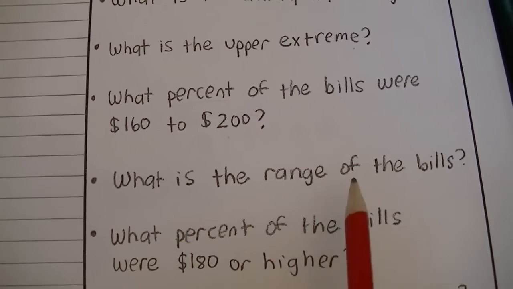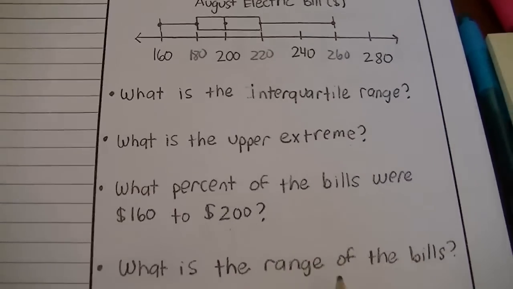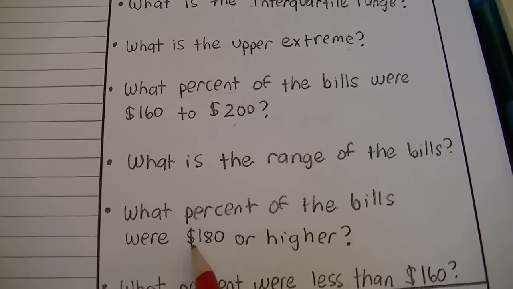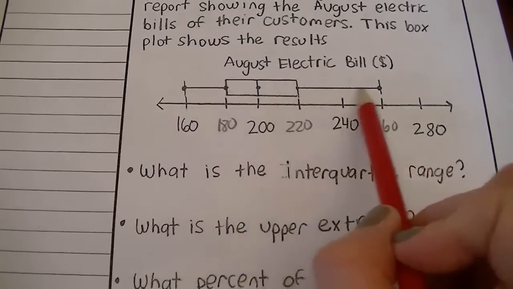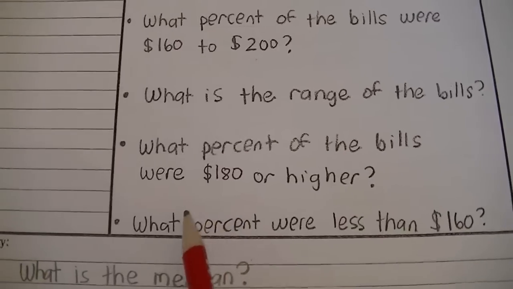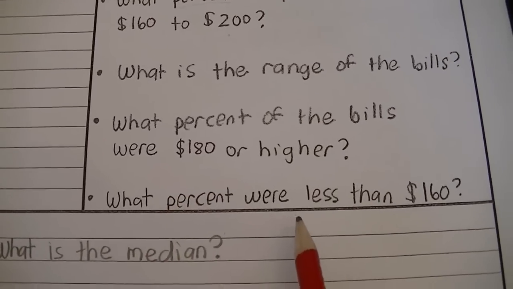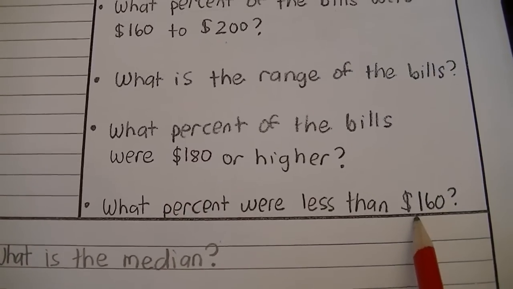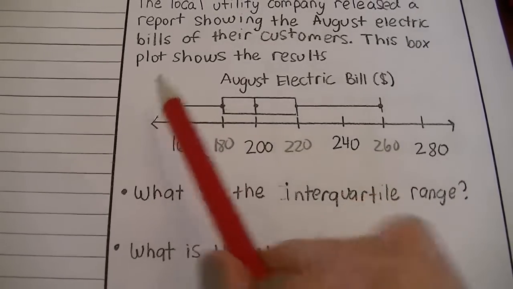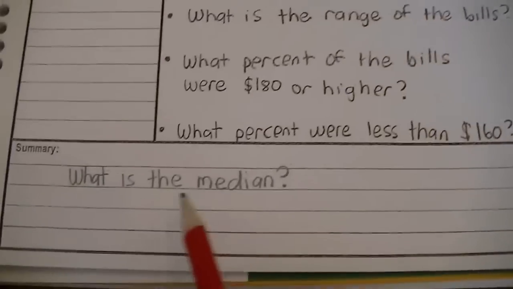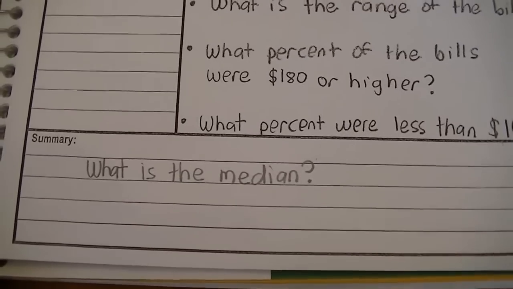What is the range of the bills? What percent of the bills were $180 or higher? What percent were less than $160? And last, for your summary, what is the median?